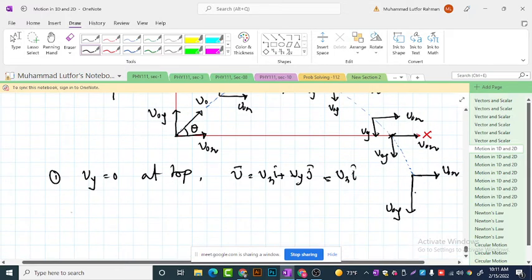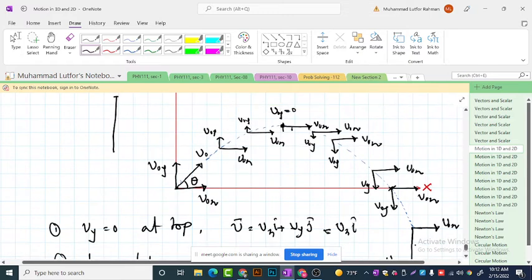Fine, the second one: T up, the time it takes to reach the top point, will be equal to T down. Whatever time it takes to go from that point to the top point, it will take exactly the same time to reach the down point, if the heights are level.